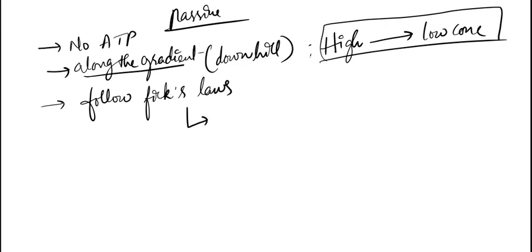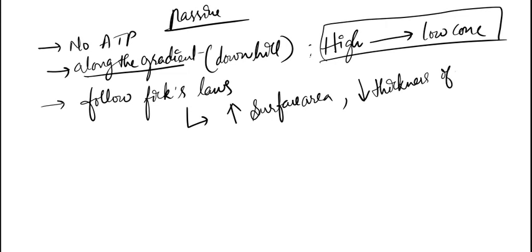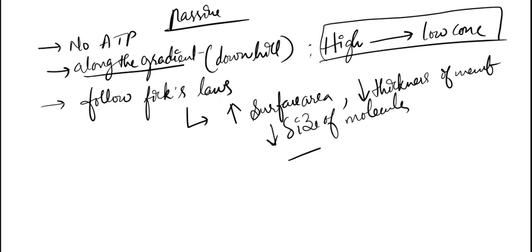What is Fick's law? The rate of transportation increases with an increase in surface area of the membrane, a decrease in thickness of the membrane, and a decrease in size of molecules. So this is called Fick's law.